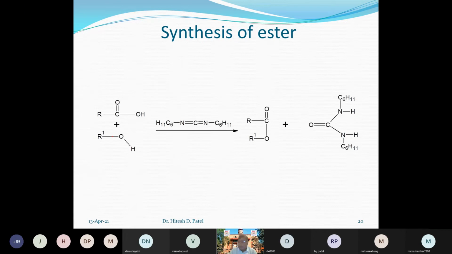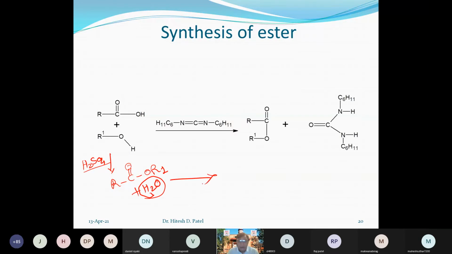By using these two chemicals, acid and alcohol, we will get R C double bond O OR1, that is called an ester. This is a common reaction. Normally we use sulfuric acid as a catalyst for the reaction, but during the reaction water is formed as a byproduct. So when water is formed as a byproduct in the reaction, then what happens?